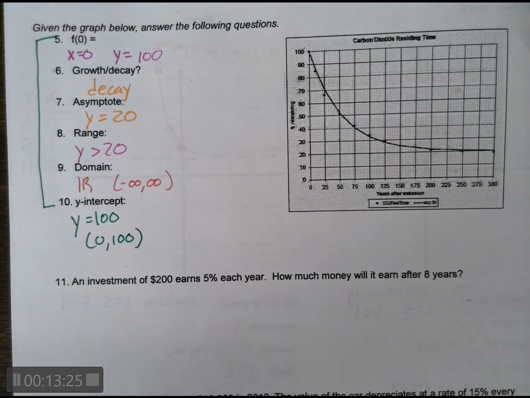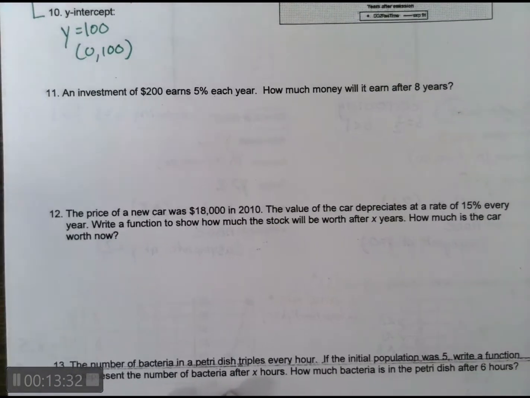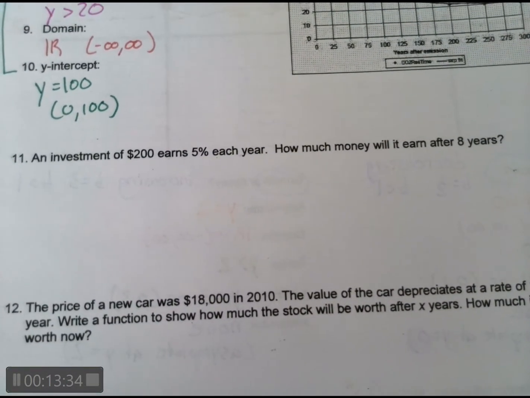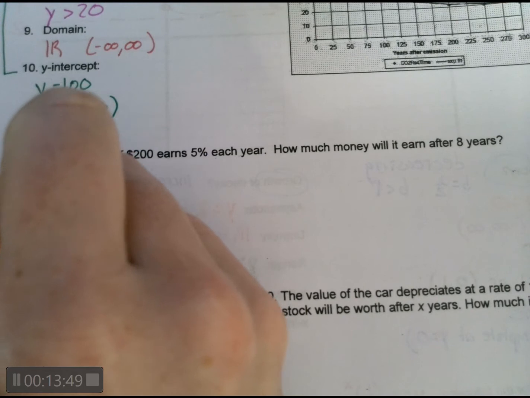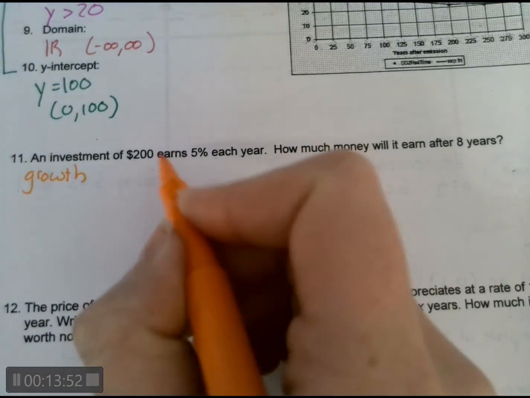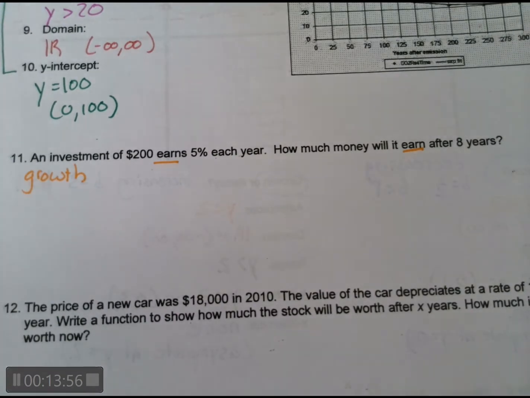Let's move on to number 11, where an investment of $200 earns 5% each year. How much will it earn after 8 years? We have to determine if this is growth, decay, or compounded. What do you think? I'm hoping you said it's growth, because it says earns, and it does not say compounded.